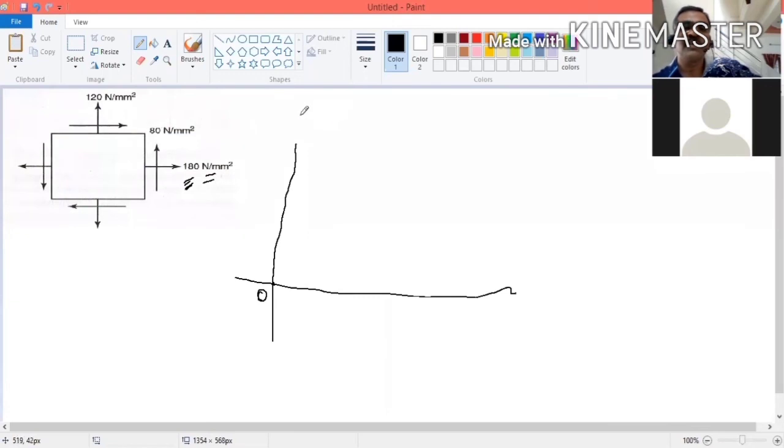So here we can take 1 centimeter equal to 20 Newton per millimeter square. Here 180 is given, so 180 divided by 20. How much do you have to take? 9 centimeters. From here you take 9 centimeters and mark a point. This is known as A. So what is OA?